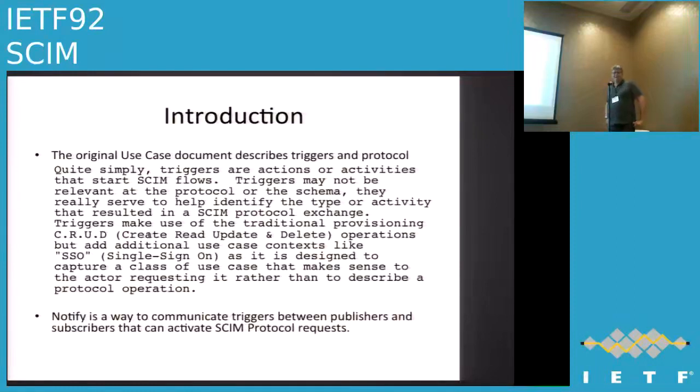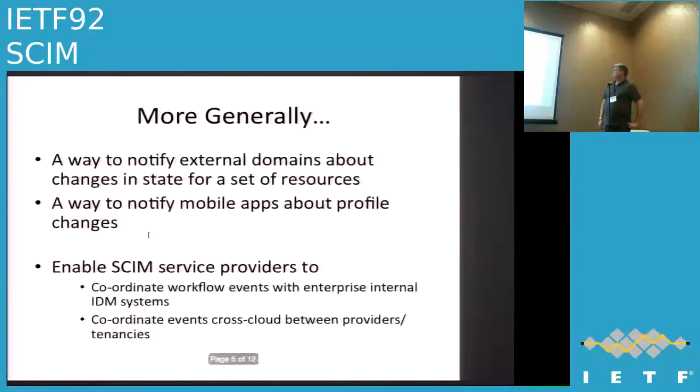So in our current mandate, this really talks about triggers evolving into actions that are taken, which becomes the Scim protocol. So really what we want to do here then is provide that trigger, formalize that trigger mechanism, which can be used to feed data back to a provisioning system, which then decides what it wants to do, and it may in turn do more Scim operations somewhere else in response to that. So that's where we're coming from.